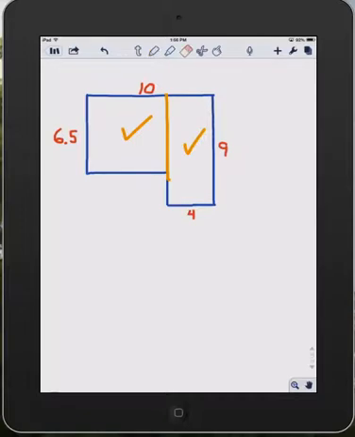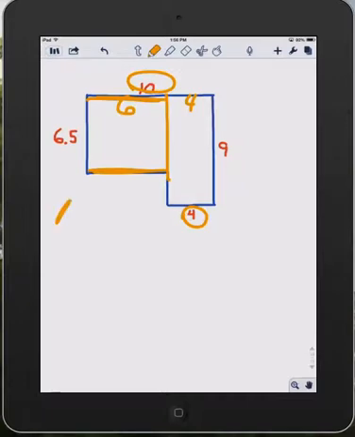And the rectangle on the left, we don't know the length of the top or the bottom, but we can find that because if this segment over here is 4, the segment in here is 4, and they have to total 10 across the top, that means 10 minus 4, or 6, is the length of that segment for the rectangle on the left.